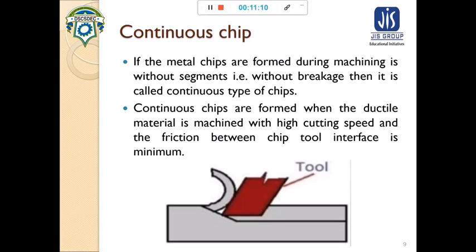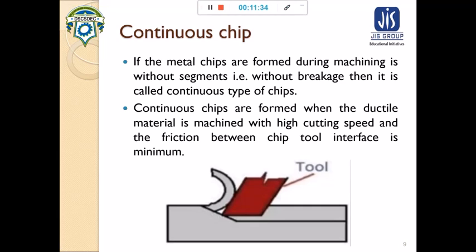For continuous chip formation, a very good surface finish of the machined surface can be achieved.